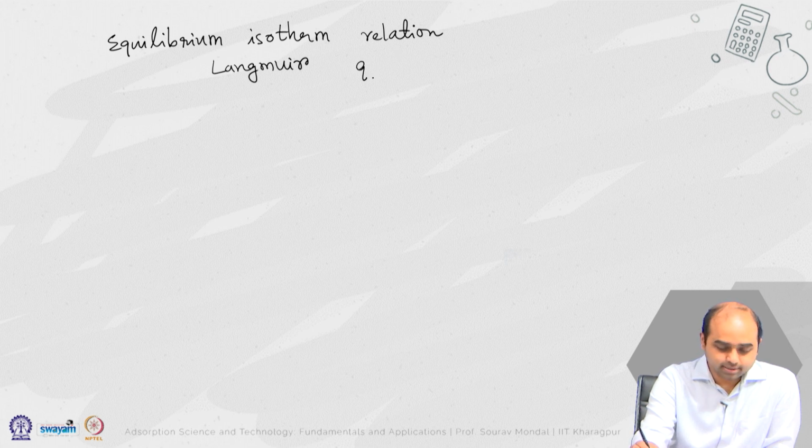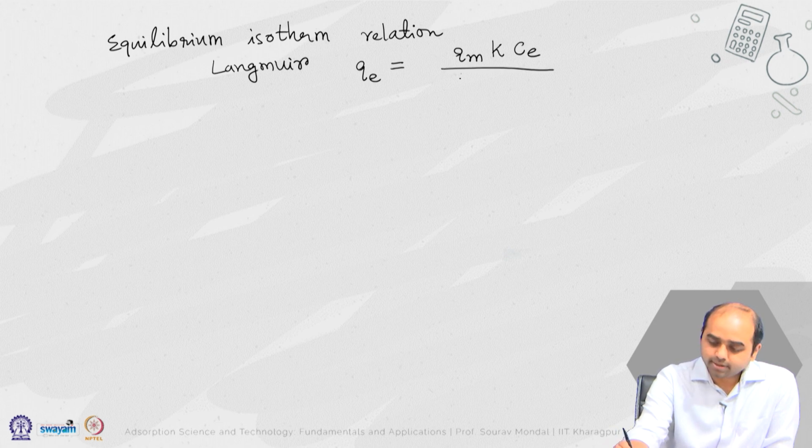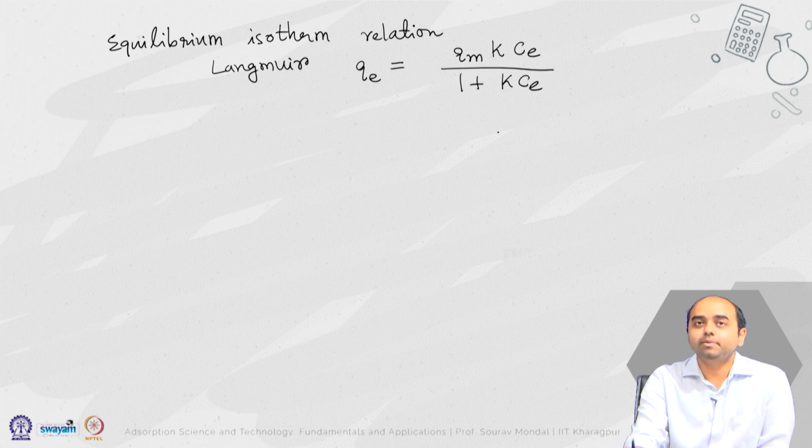The Langmuir model is given by this, where K and Qm are constants, Qe represents the equilibrium concentration of the adsorbate in the adsorbent, and C represents the equilibrium concentration of the adsorbate in the solution phase. K is the equilibrium constant and Qm is the maximum capacity of adsorbate that can be taken up by this adsorbent.